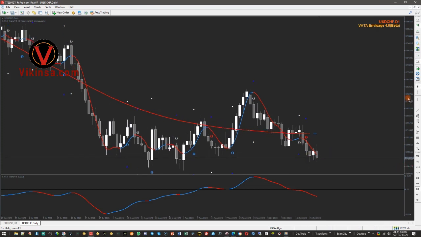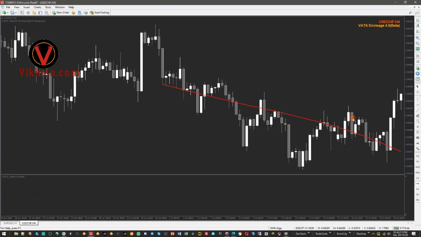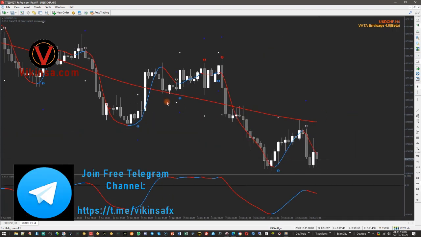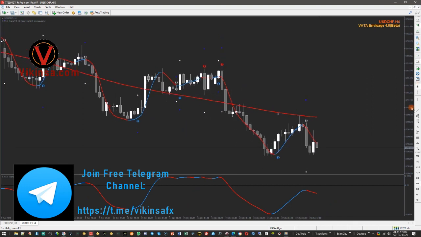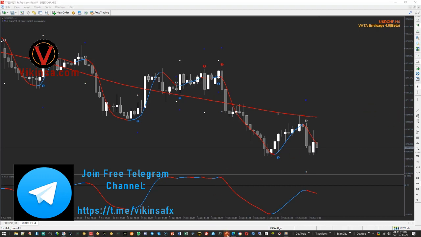In terms of the 4-hour time frame, let's go there. On the 4-hour time frame this is also still bearish, so in nearly all the time frames it is bearish, and this was the signal which was given. It can come down to the 0.9 round number, which is also a very important level.